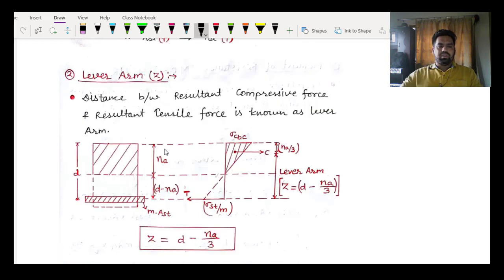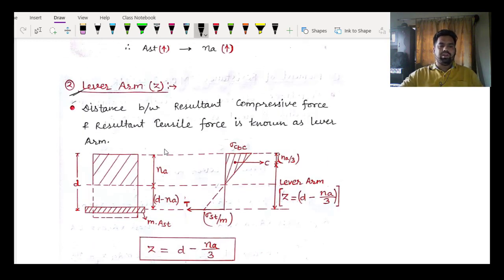Now, the thing here is the lever arm. It is an important term which will be used. Lever arm is basically the distance between the resultant compressive force and the resultant tensile force. The resultant tensile force will act at the CG of steel, because in the stress or strain diagram the steel is placed at its CG, so the resultant force will be at the CG only. For concrete it is the total area, but the stress diagram is a triangle, so you all know that the resultant force will act at x_a by 3 from the top.